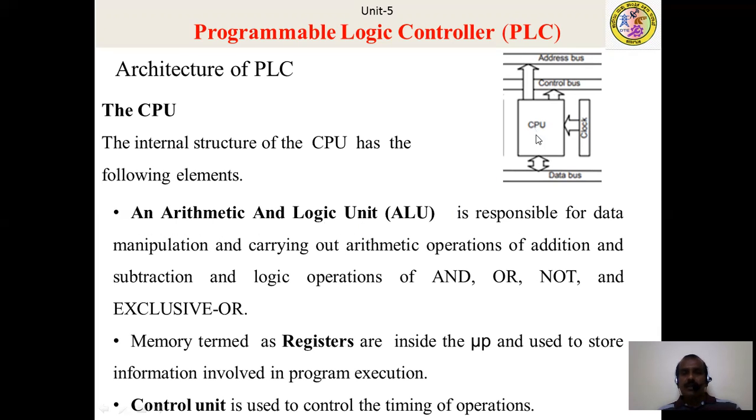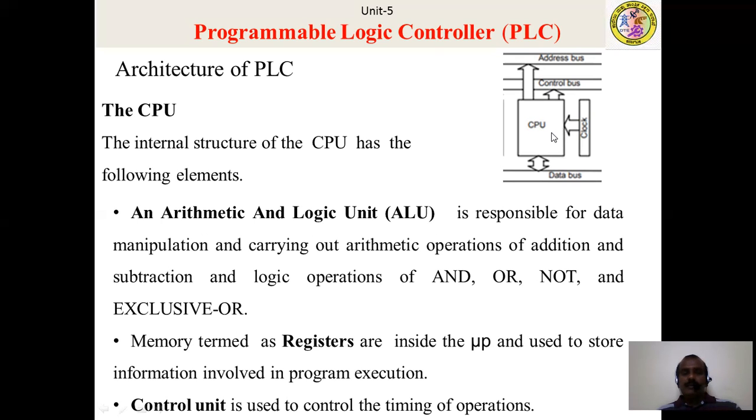The arithmetic and logic unit present in the CPU is responsible for data manipulation and carrying out the arithmetic operations of addition and subtraction. Also, the logical operations such as AND, OR, NOT, and exclusive OR are carried out in the ALU.